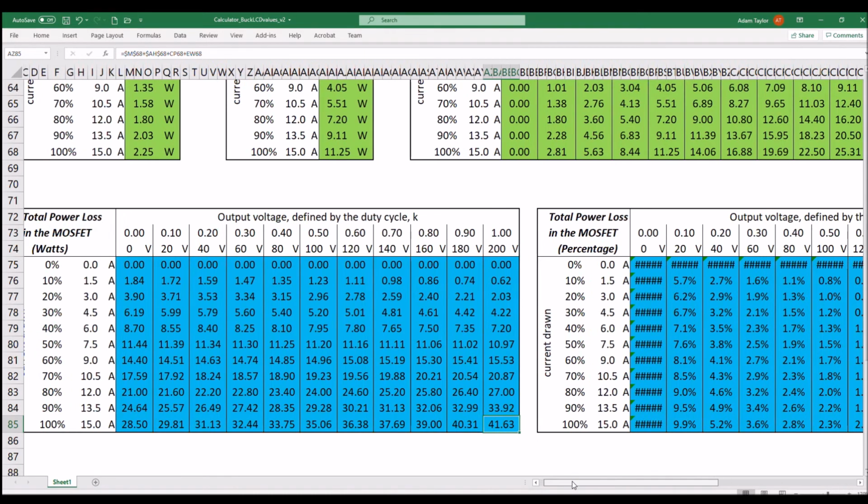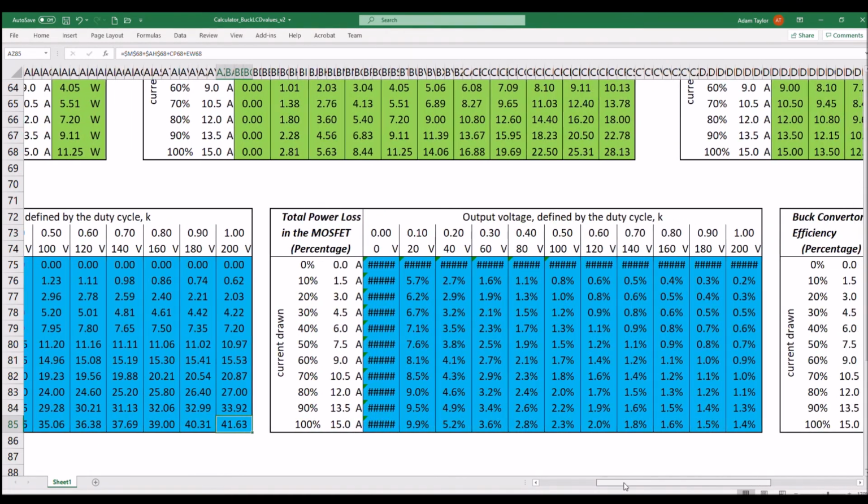Now, what we've then done is converted these losses into a percentage of the output. And we can see here that when it's operating at full noise, whilst it's got 41 watts of losses, it's only 1.4%. There are certain situations where it is greater, like, for example, our losses down here, when it's operating at 40 volts on the output and 9 amps being drawn through it, our losses are 4%, which is much more than 1.4.